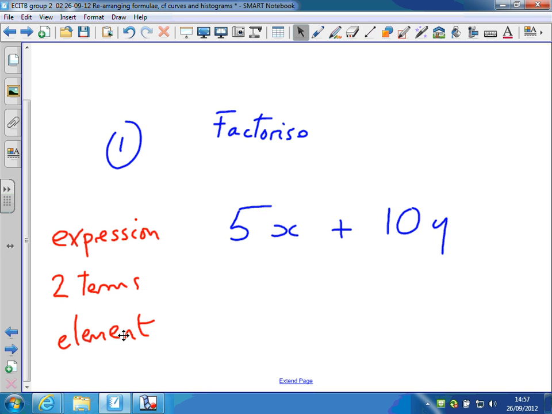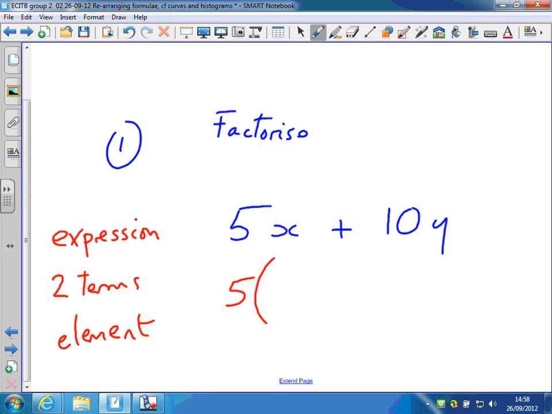So I take 5 outside the bracket because 5 is common to 5 in that term, and 5 goes into, effectively, as a factor of 10 in this term. So factorize means remove a common element from the terms, and that's what I've just done.